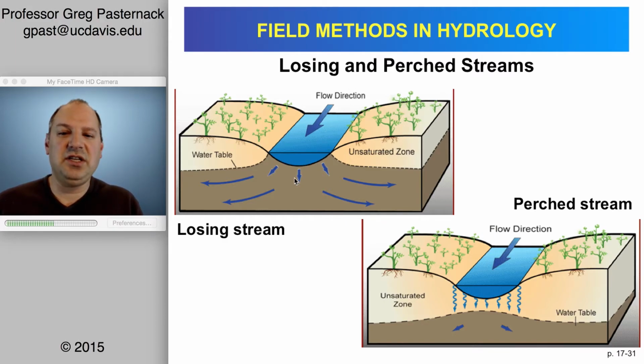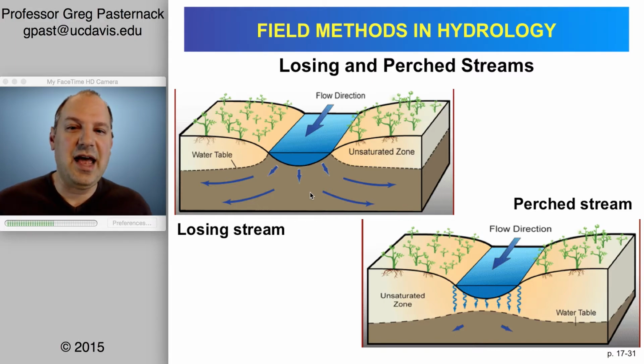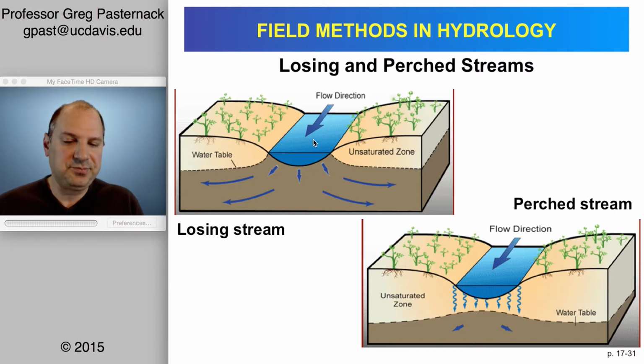The difference in discharge will primarily be due to what's going into the ground. And that's true for gaining streams too. If you're gaining water, the difference in discharge over 10 kilometers or something like that would reflect that gain. You just have to be mindful of any evapotranspiration losses as well as any tributaries that are coming in.